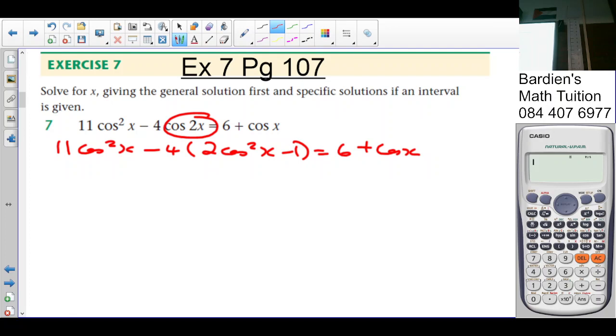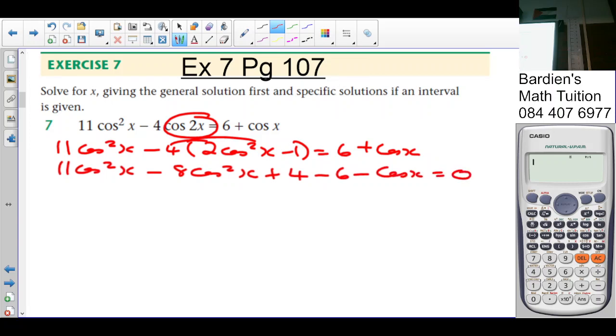Multiply that out, get rid of the bracket, so it'll give you 11 cos squared x minus 8 cos squared x plus 4 minus 6 minus cos x equals 0. Add like terms: 3 cos squared x minus cos x minus 2 is equal to 0. And this is now a trinomial.